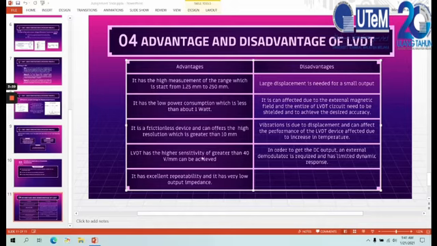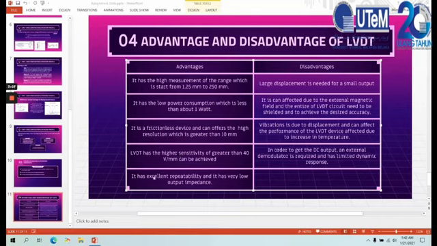Fourth, LVDT has a high sensitivity of greater than 40 volts per millimeter that can be achieved, which means that LVDT has very high sensitivity. So we can conclude that LVDT is a very sensitive device.